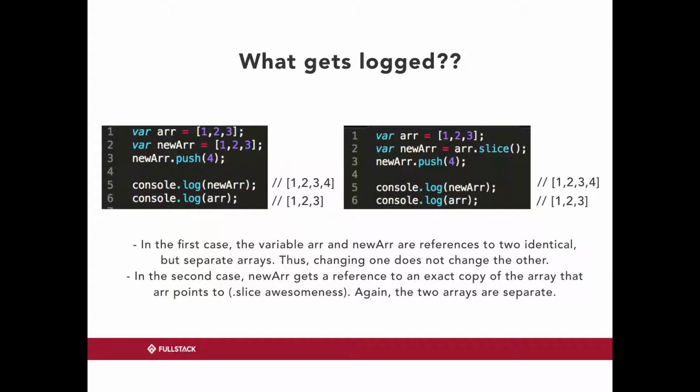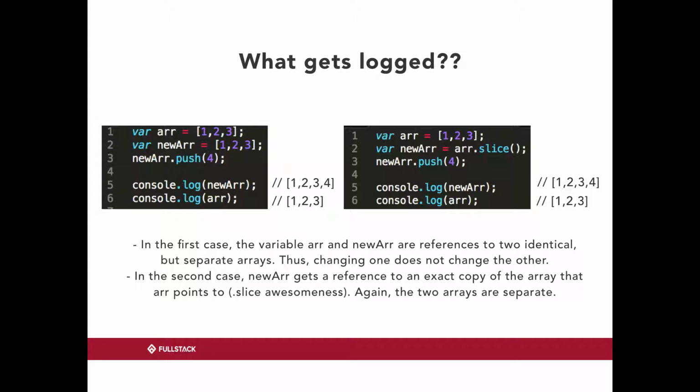Once again, we're going to come back to this. It gets progressively more brain-bendy the more you go through it. Okay, two more examples. We have ARR equals 1, 2, 3. We have new ARR equals 1, 2, 3. I'm not setting this equal to ARR, I'm setting it equal to another array with the same values. In the new array, I'm pushing 4.